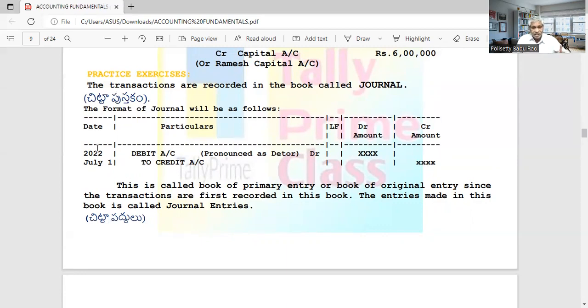That is why on top of the first transaction on every page, we write the full form: the year, month, and date. Until the end of the page, we write only the date if it changes. If it does not change, for the next transactions on the same date, we need not write all this, just write ditto.